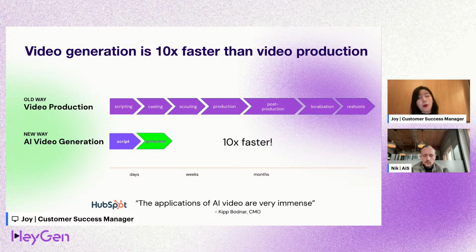If we want to localize a video, it also takes lots of time and money. And if we find something is not correct, or next year we want to update some content in the existing video, it needs a reshoot. But HeyGen's idea is that we hope everything can be generated.